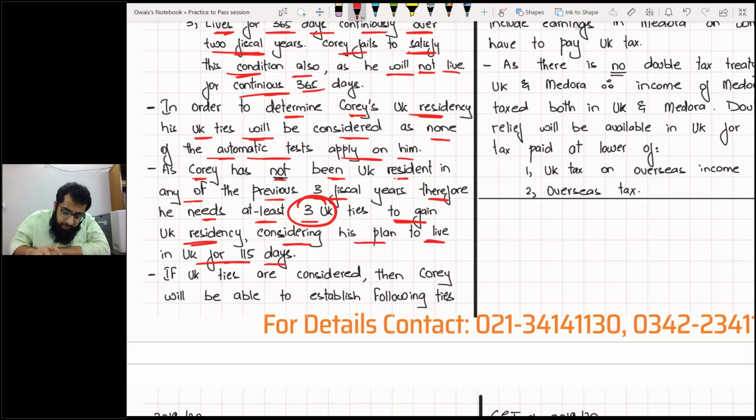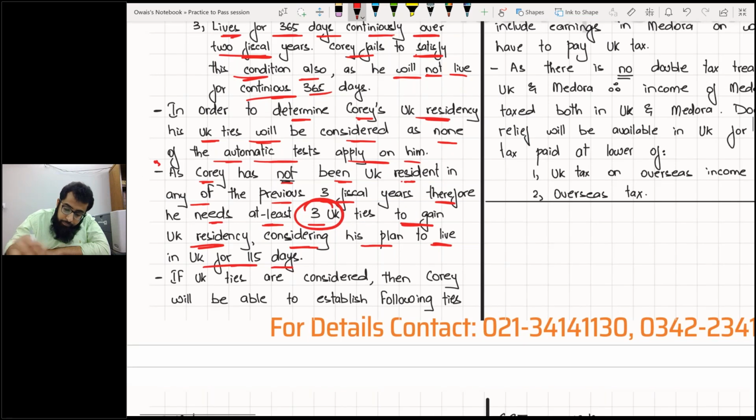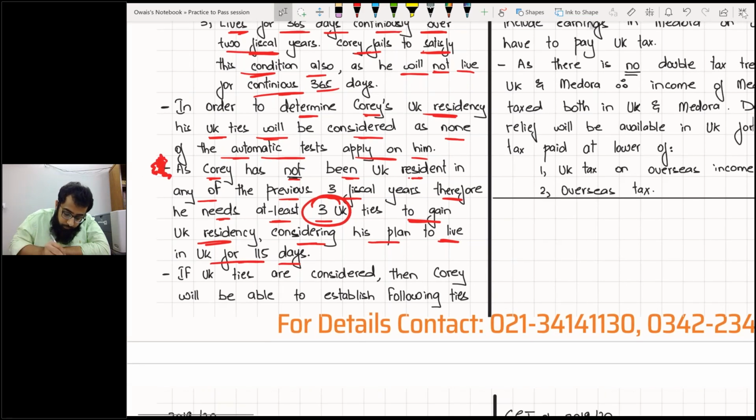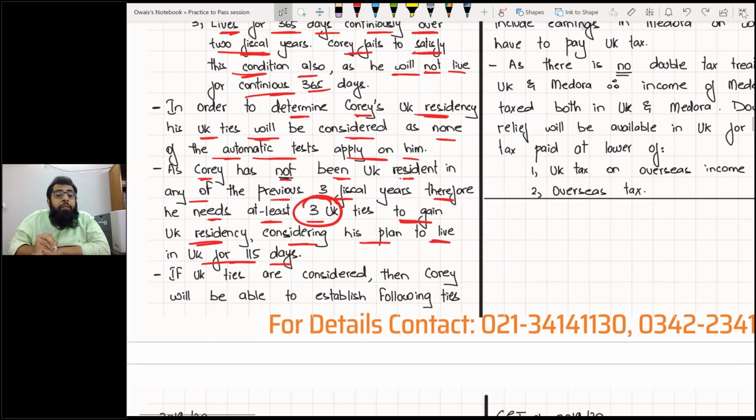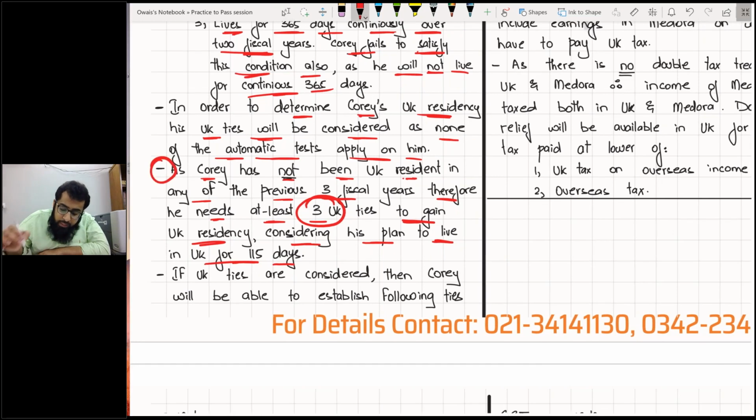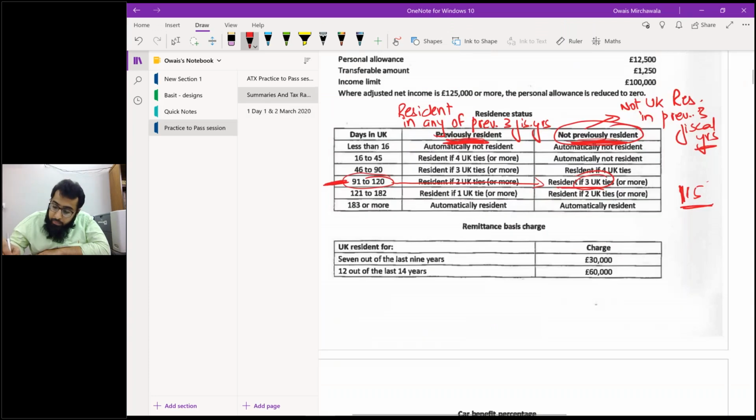Now, from where did I find this? If you go and look at the table which I showed you just a second ago, if you have not been UK resident in any of the 3 previous fiscal years, then your column is this, 115 days.